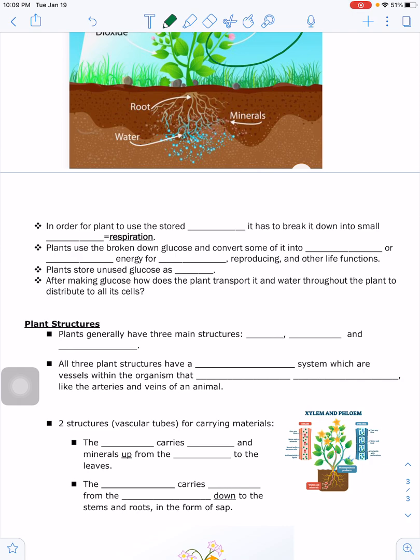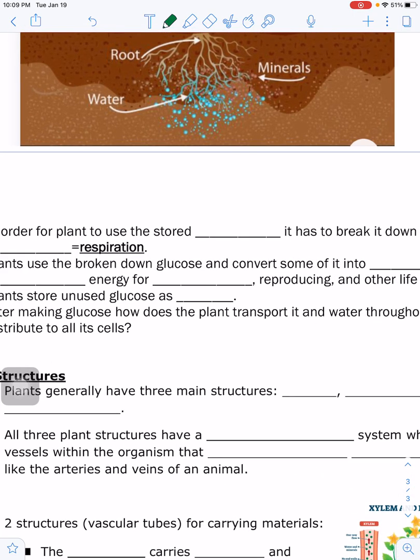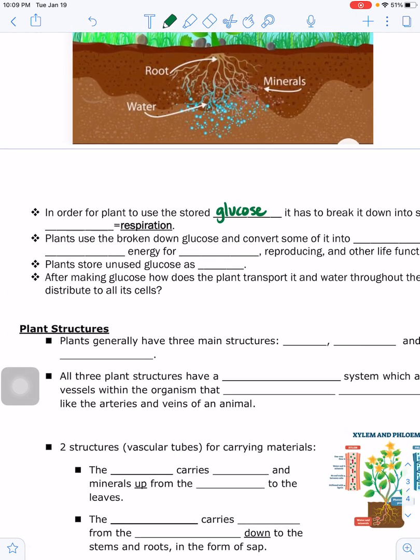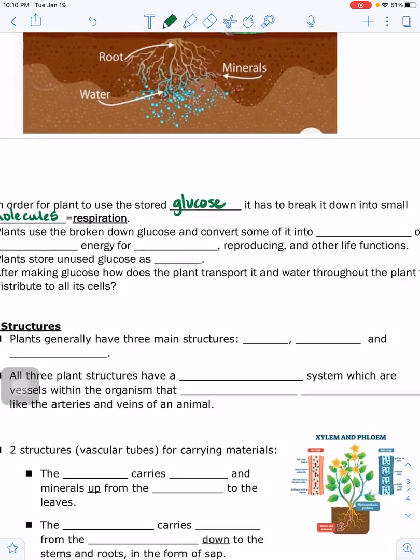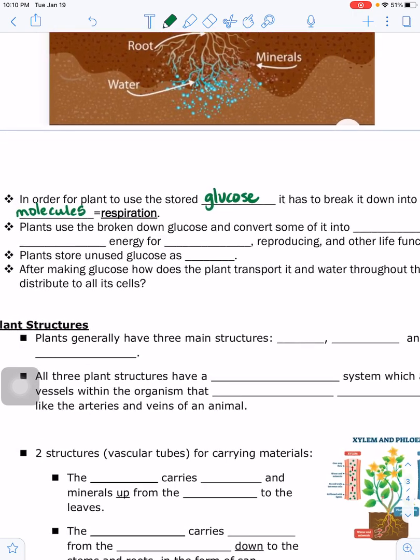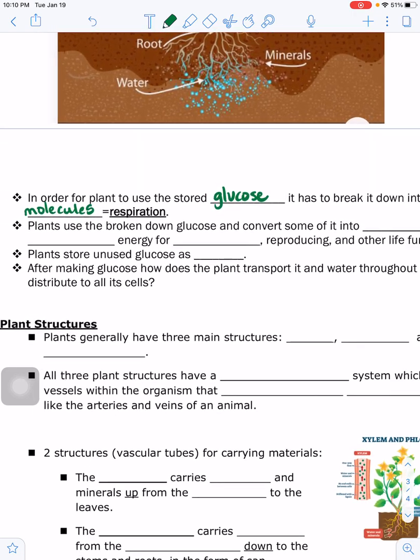Just so you know, this is a little bit of side information, but in order for a plant to use the stored glucose, it has to break it down to small molecules. And this is called respiration. There's another type of respiration we talk about with breathing, but this has to do with breaking down glucose to smaller molecules for the plant to use.